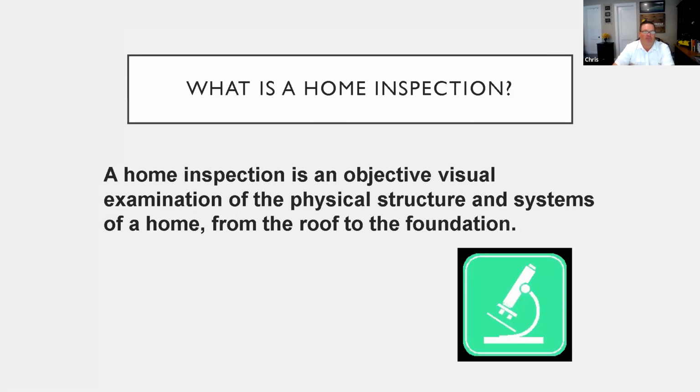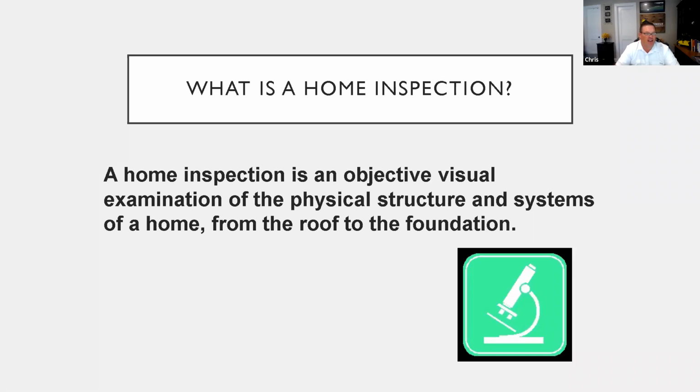A home inspection is an objective visual examination of the physical structure and systems of a home from the roof to the foundation. This comes from InterNACHI, a nationwide organization that gives instruction to all home inspectors, regardless of whether they're in a licensed state or non-licensed state, which obviously Texas is licensed.